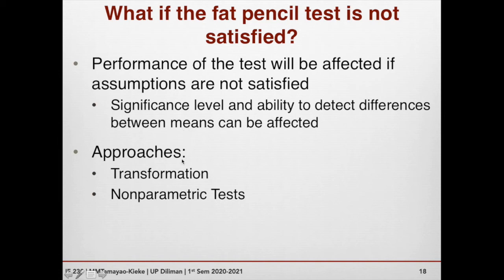So there are some approaches that you can resort to, such as transformation of the data and non-parametric tests, if the normality assumptions and the independence assumptions are not met. This will be discussed later in the course.